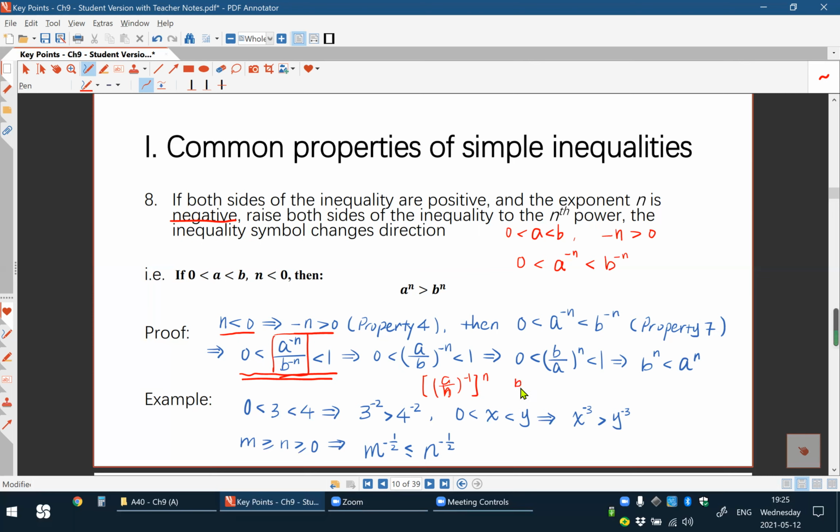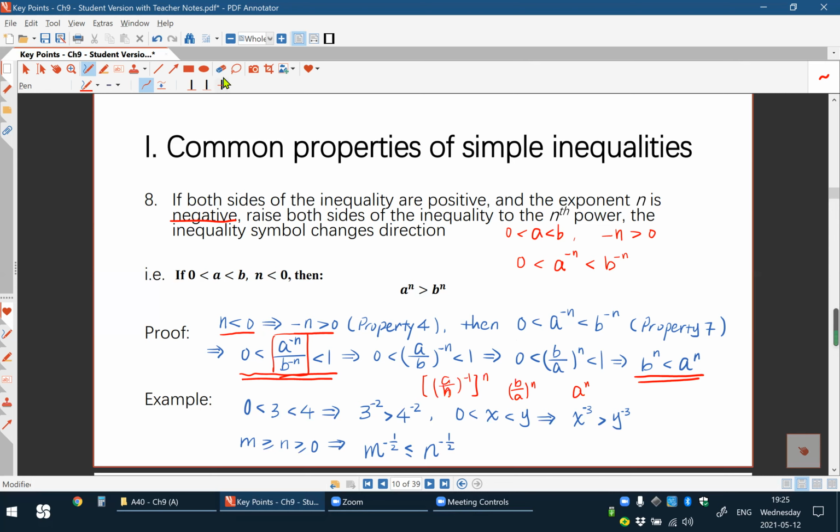Which is b over a to the nth power, right? And then we multiply both sides of the inequality by a to the nth. And at last, we get b to the nth is smaller than a to the nth, right? So we have proved this property.